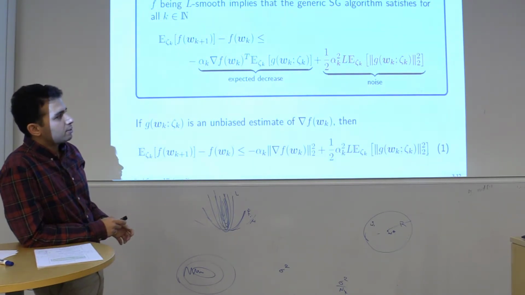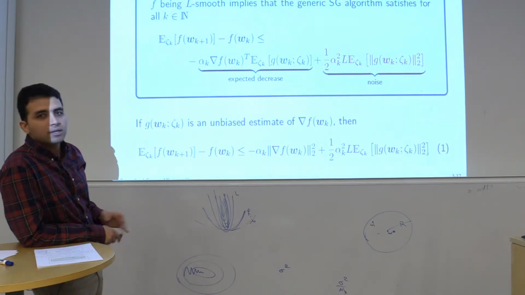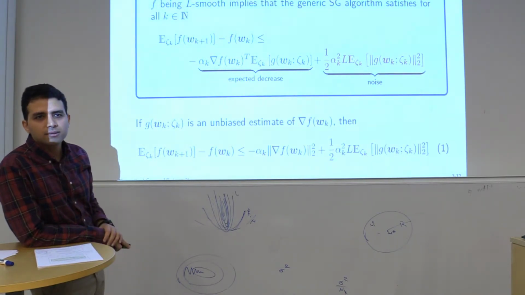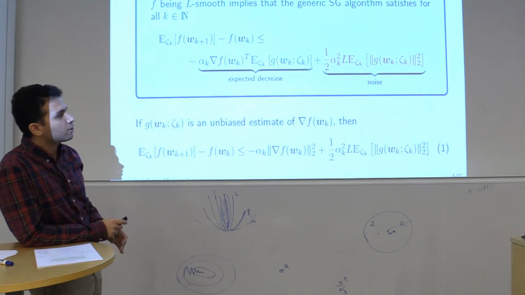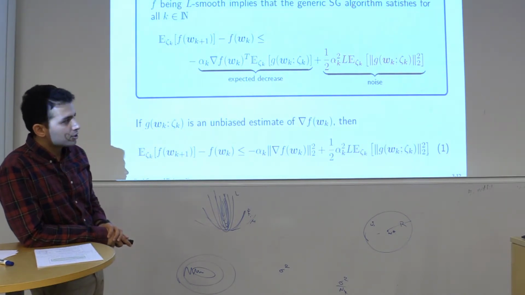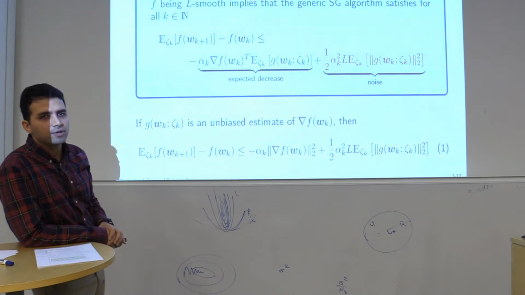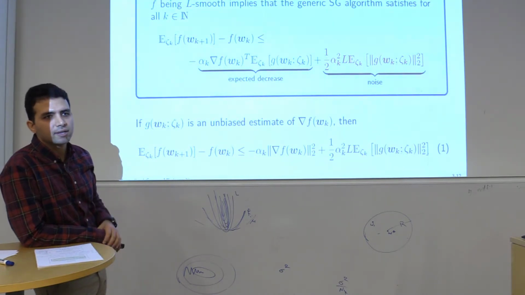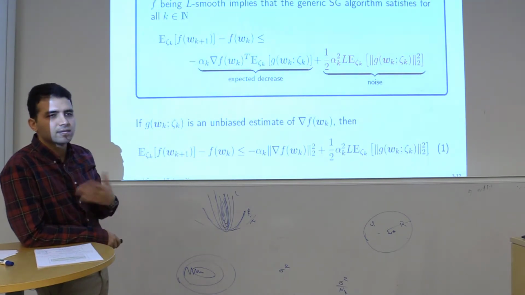But what about this term here? Can we reduce that or make it 0? We can do that if we are sure that this G is error-free. But unfortunately, G may not be error-free by the definition of a stochastic gradient. The way that we create it is by not having access to the full data.